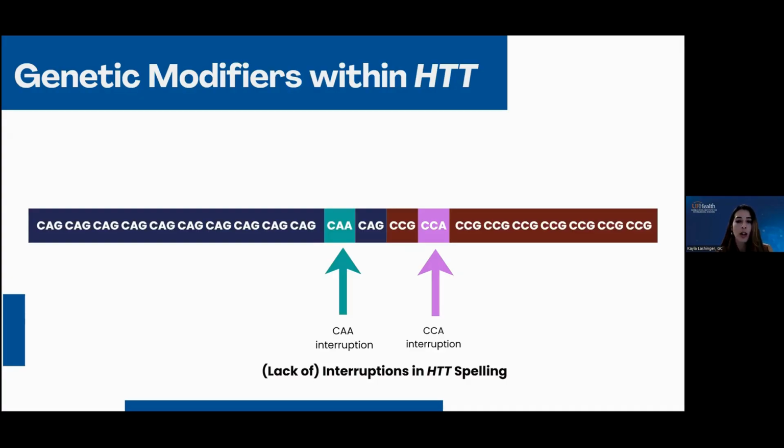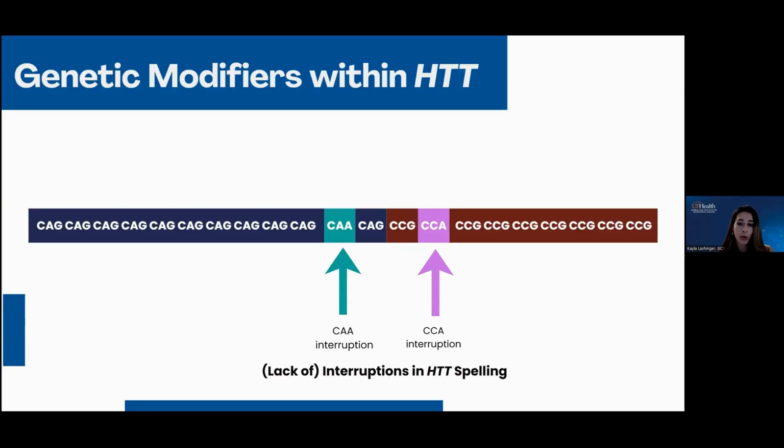And so we're learning, as I mentioned, that some people do not have these interruptions. Some people don't have a CAA interruption or a CCA interruption, or they don't have either one of them. We have found that this might cause people to have symptoms at an earlier age, possibly up to 10 to 15 years earlier if they're missing one or both of these interruptions.